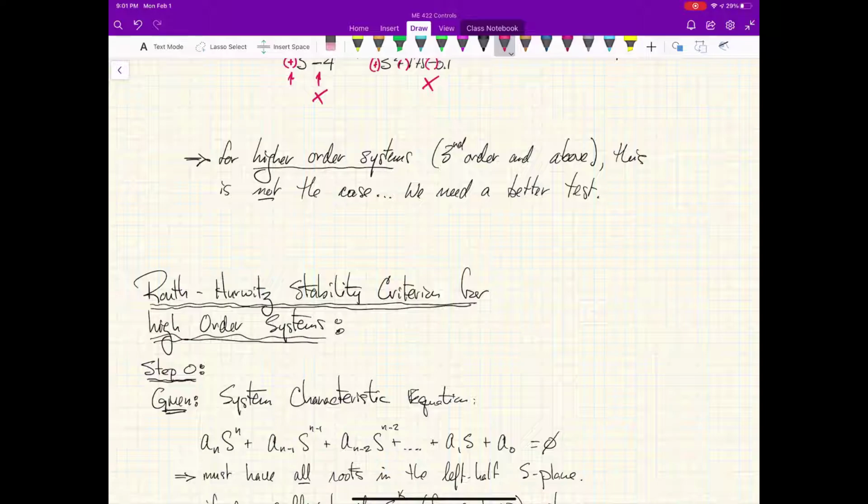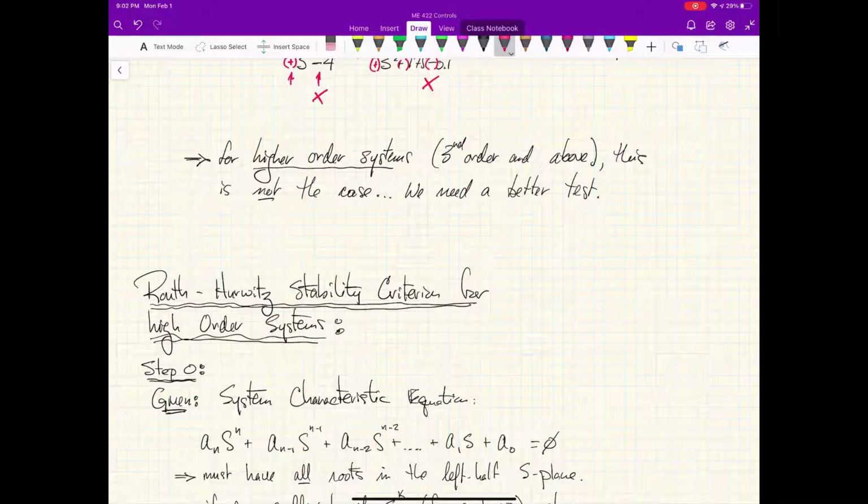But if the system is very large, for whatever reason, if it's an exception to that rule, then we need a tool to determine whether or not it's stable, and this is what we're going to talk about here. Of course, nowadays you could simply take your characteristic equation, put it in Simulink, hit it with a step change, and observe what goes on, right? You could do this, but you're not always sitting at a computer running Simulink.